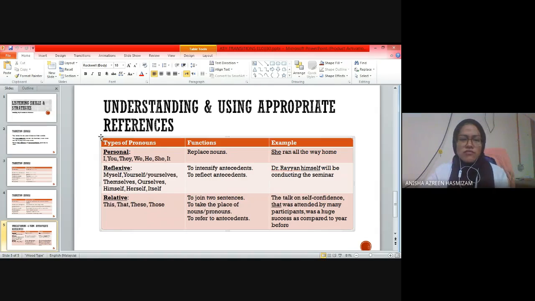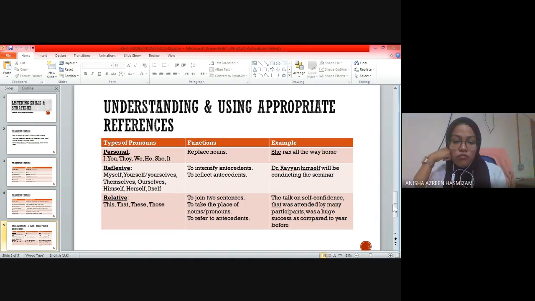Okay, ini macam confusing sikit untuk awak. If you still do not understand, tak apa, later in the next class I will just be explaining lagi. Okay, I'll explain more on how to use, okay? For this one, I will give you exercises on how to use this one so that you'll be able to use it.